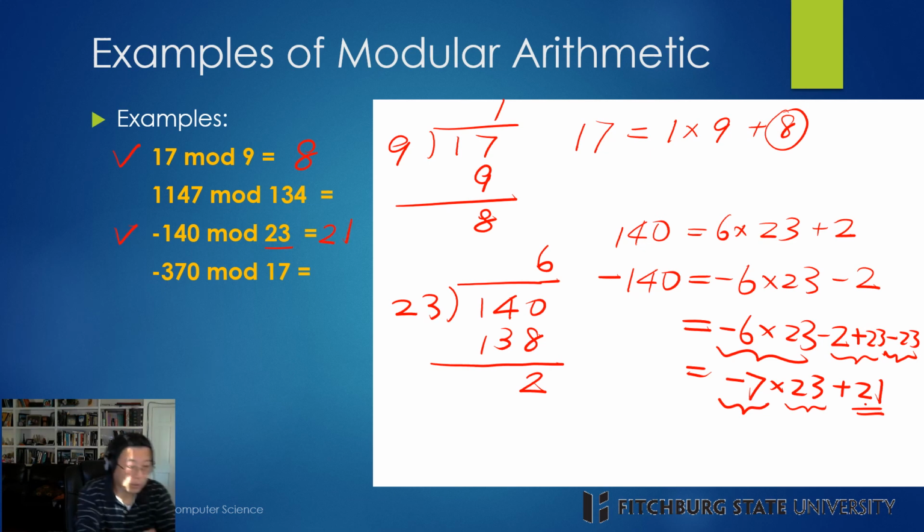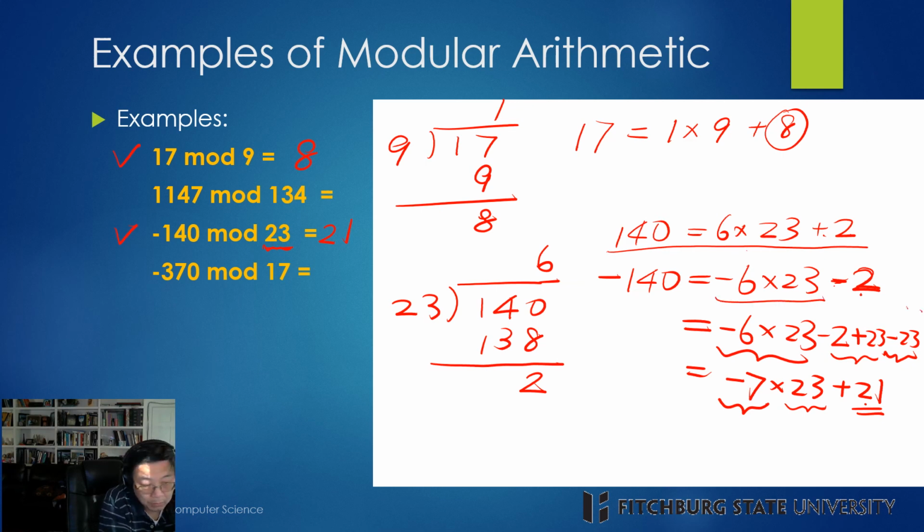So for a negative number, you can start with the positive, do the division and create this relationship. Then we put a negative here, and the remainder becomes negative. So in order to fix it, we can add 23 and subtract 23, and combine the minus 23 with the first term.